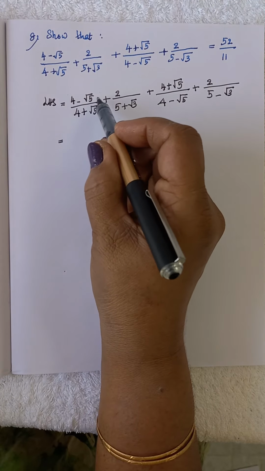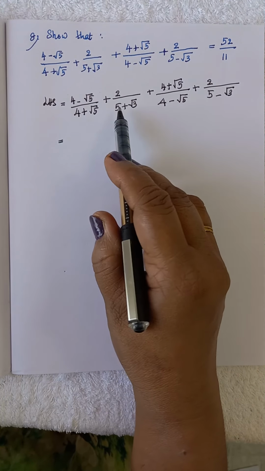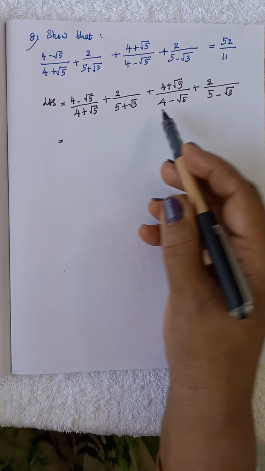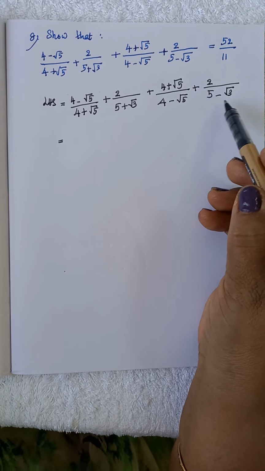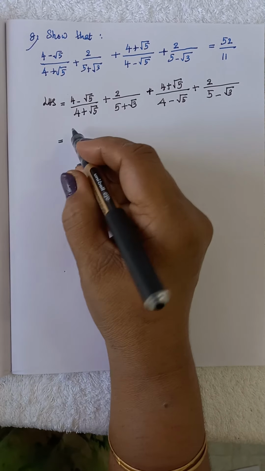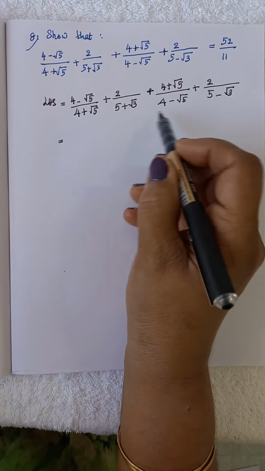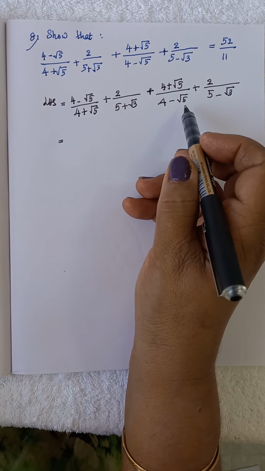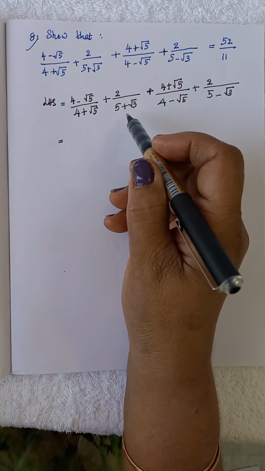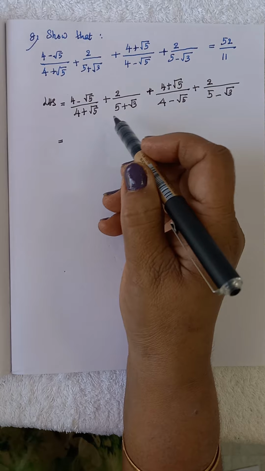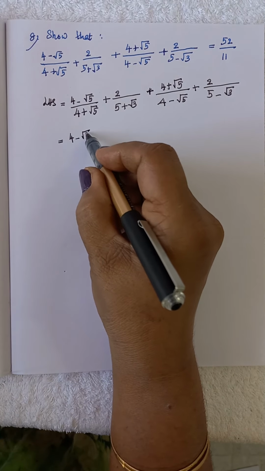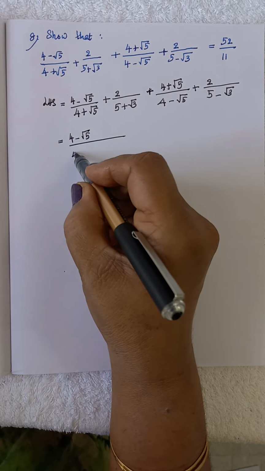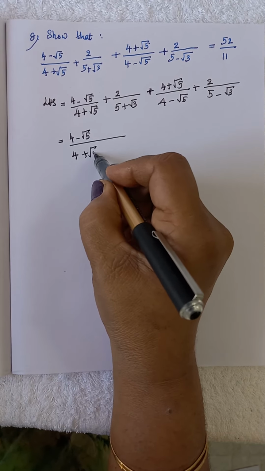LHS is equal to (4 minus root 5) by (4 plus root 5) plus 2 by (5 plus root 3) plus (4 plus root 5) by (4 minus root 5) plus 2 by (5 minus root 3). Now let us take each term, and here we can see that the denominator of each term includes a root. So we have to rationalize each term one at a time. So let us write (4 minus root 5) by (4 plus root 5).